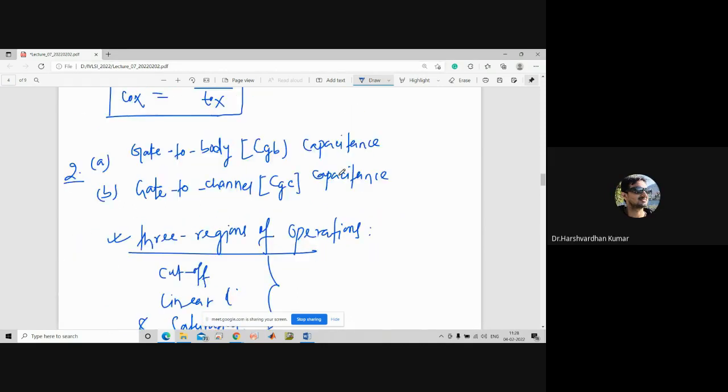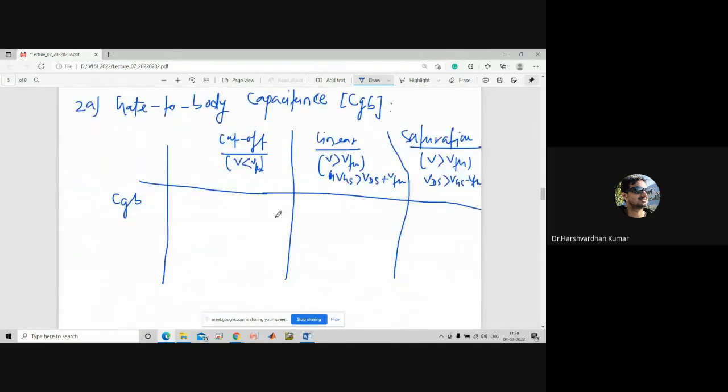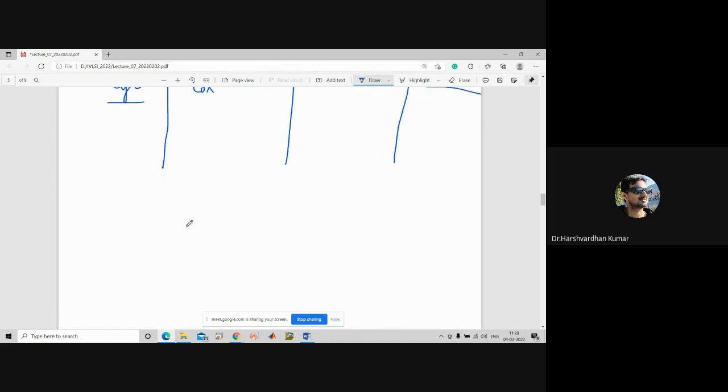The only difference is that COX is in farad per centimeter square, but here we need the unit to be farad. To convert farad per centimeter square into farad, we will have to multiply by the area.